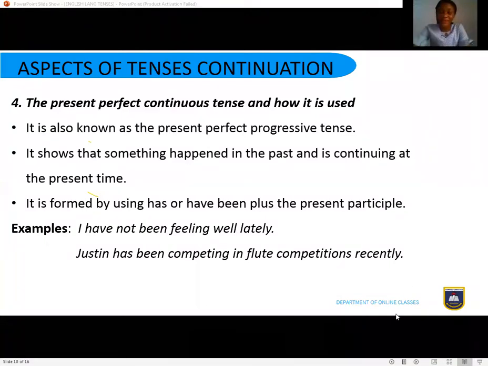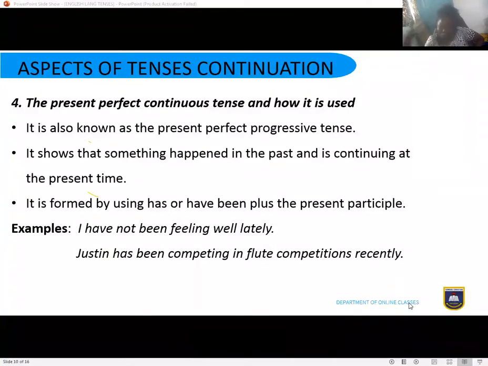Now, what we are saying about this present perfect continuous tense is that the action has been perfected. If we say something is perfect, it means it is complete. So the action that has taken place is perfected, or completed, and they are telling us that it continues again.